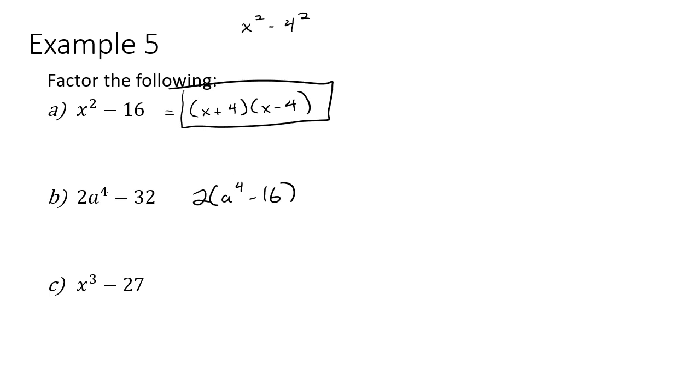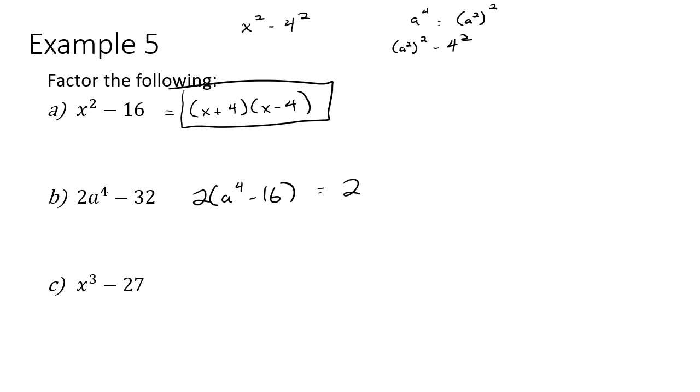Well, the trick is to recognize that because of properties of exponents, a to the fourth can be thought of as a squared squared. So this in fact is a difference of perfect squares. This is a squared squared minus 4 squared.